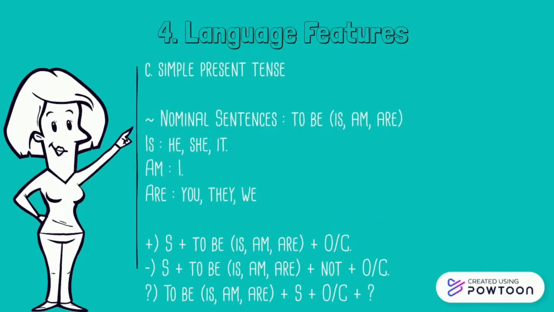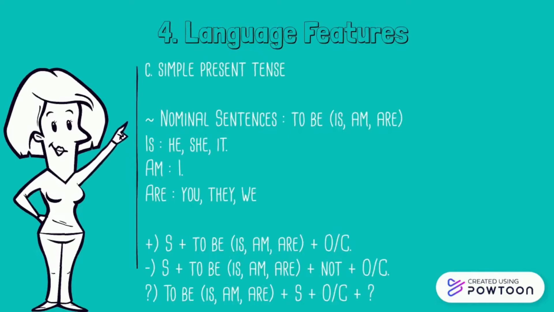Simple present tense consists of nominal sentences and action verbs. Nominal sentences adalah sebuah kalimat yang tidak memiliki kata kerja. Sementara itu, action verbs merupakan sebuah kalimat yang mengandung kata kerja.